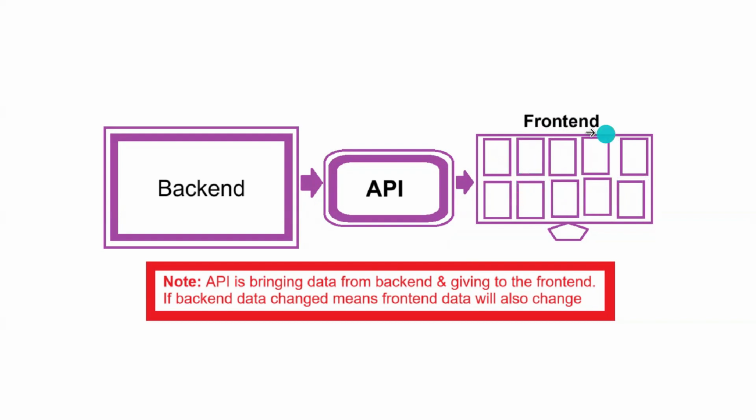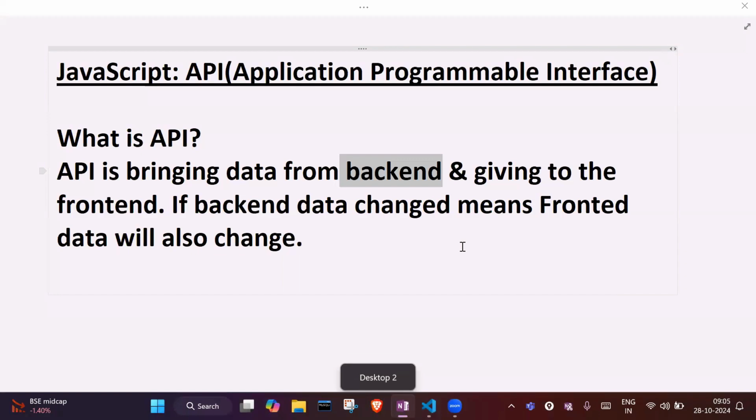They don't create a new design on the front end. They change the data on the backend, and then the front end data automatically changes through API, because data is coming through the API. Okay, I hope you are clear.